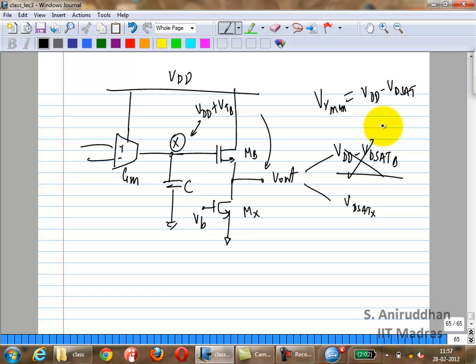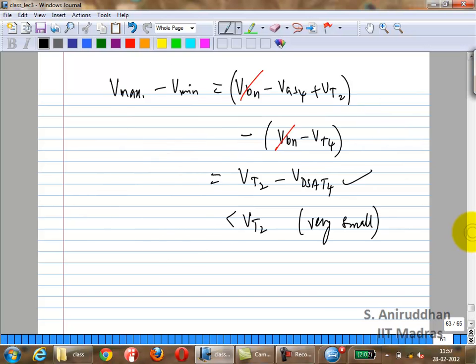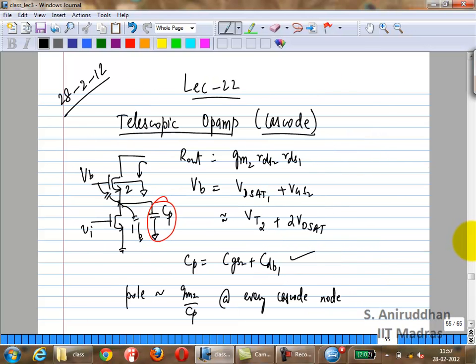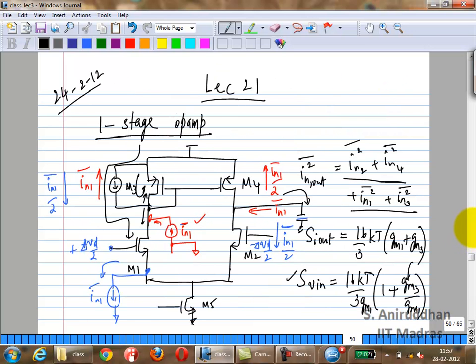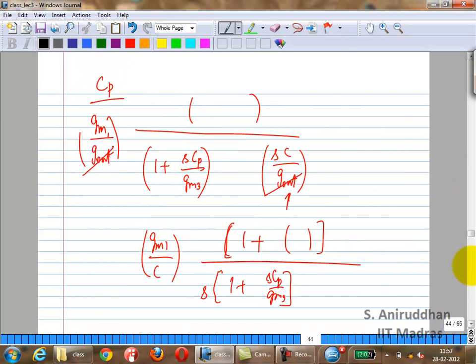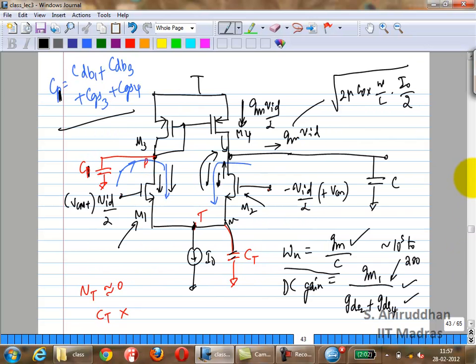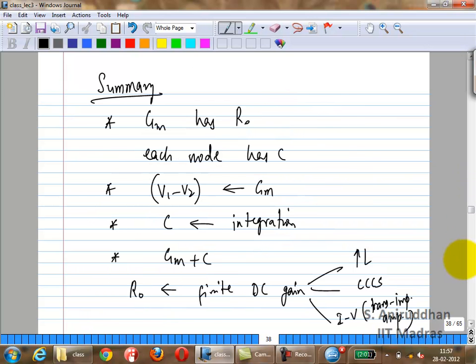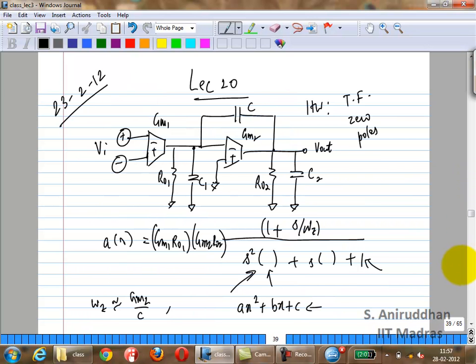Okay. So anyways, we'll do folded cascode next class, followed by the two-stage op-amp after that. Okay. Two-stage op-amp, there are some details. In the meantime, I gave this a long time ago, but let me go there again. I wanted you to calculate the transfer function of the two-stage op-amp.